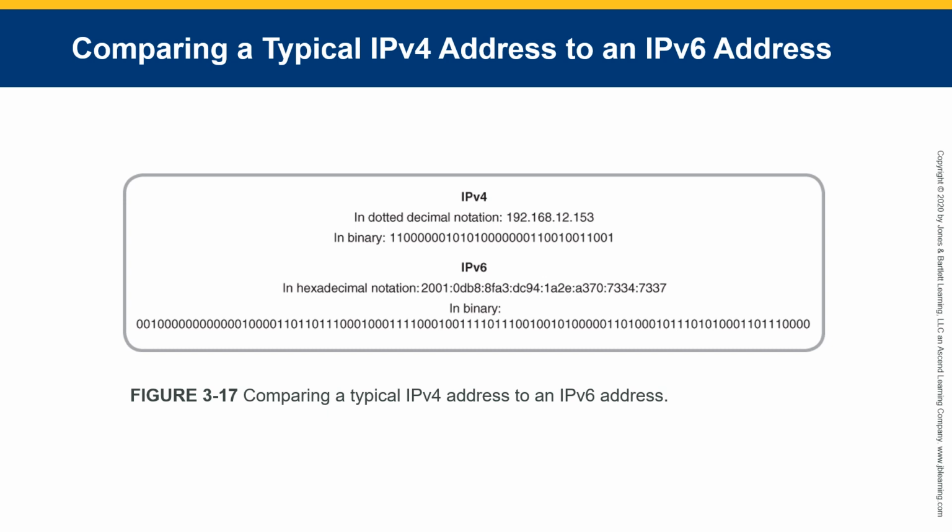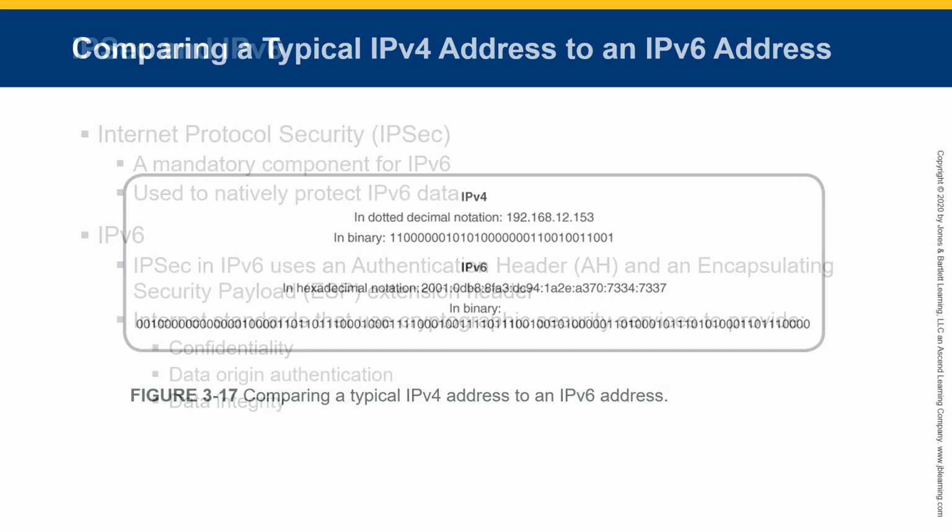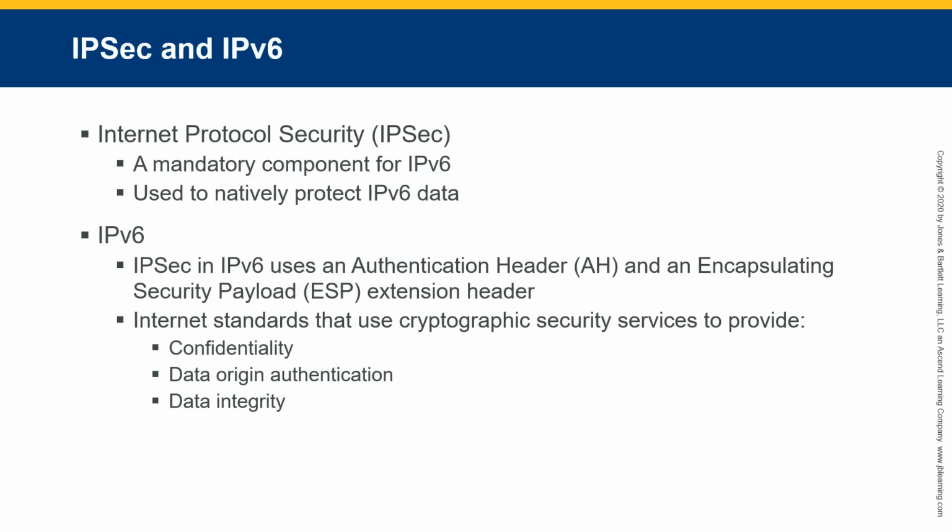It's 128 bits, I think, totally. I think it's shortened because there's some double notations in there. So instead of dots, these are colons, by the way. So make note of that when you see IPv6.